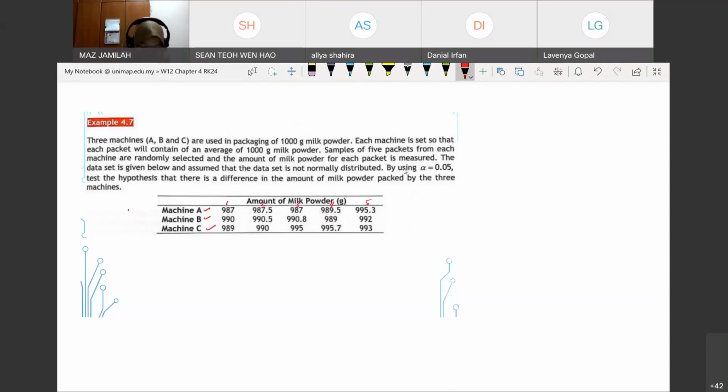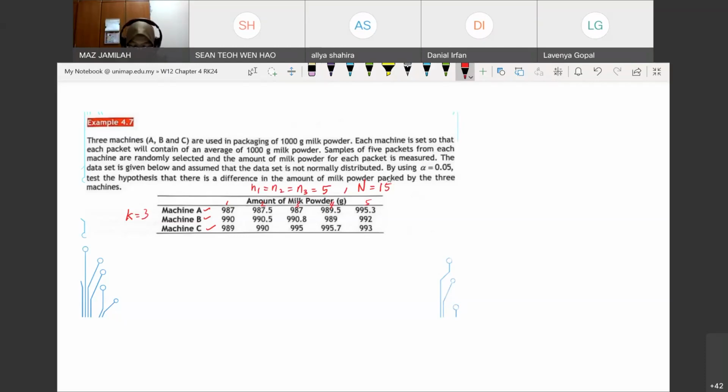So in this case, you have k equal to 3. You have n1 equal to n2 equal to n3, that is equal to 5. And your total sample is 5 multiplied by 3, so you have 15. Now what else? The data set is given below and assume that the data is not normally distributed.